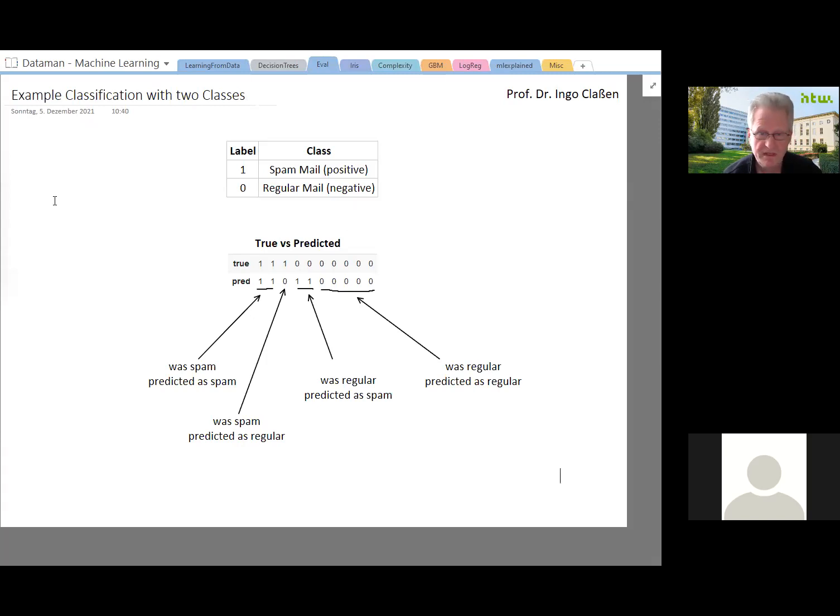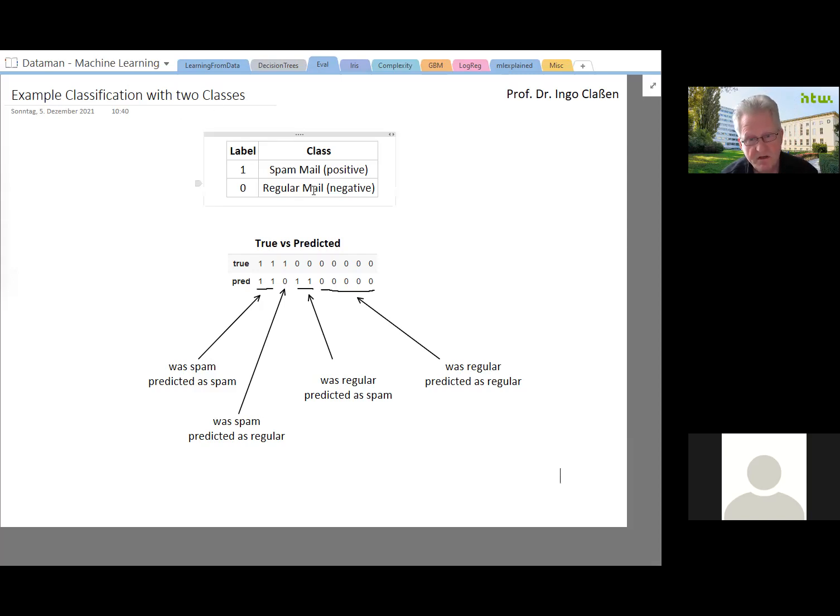This is something we already have discussed, namely a spam classifier. So let's assume we have a spam classifier, and of course the features of that would be the words that are within the email, but we are not going into the details here. We just look at the outcome of that classifier.